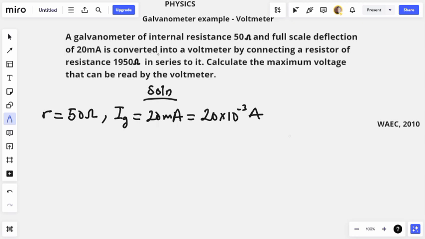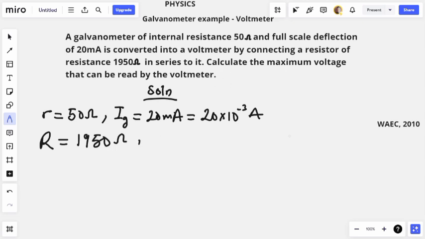The next parameter: connecting a resistor of resistance, so the multiplier resistor, or the resistor in series, is 1950 ohms.